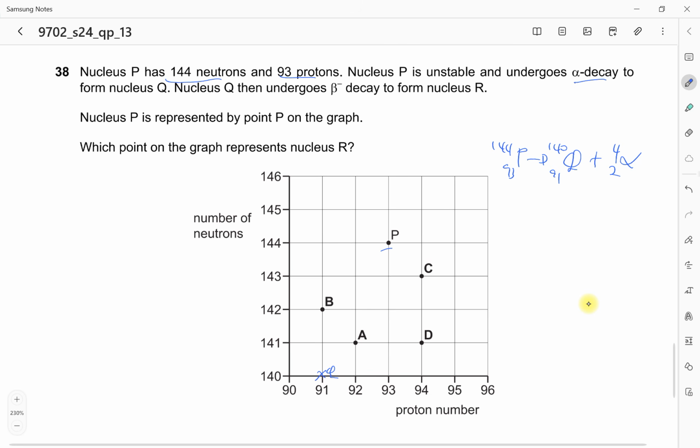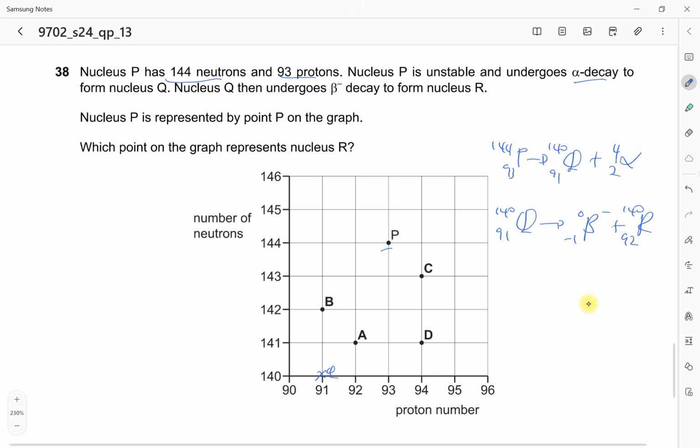Then Q undergoes beta minus decay. So Q, which is 140, 91, undergoes a beta minus decay, which is 0, -1, to give us R. So this remains 140. Then the proton number becomes 92. So nucleus P is represented by P on the graph.